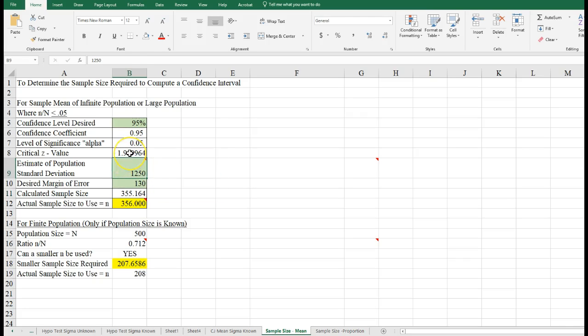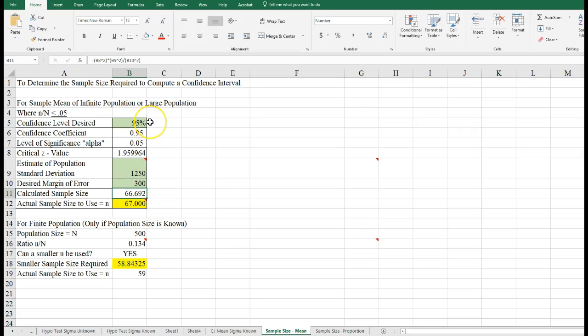That critical z value, z sub alpha over 2, is 1.96, rounded to 2 decimal places. I've put in the 1250 from the first part of the problem, and starting off with 300, we would get a sample size of 67.